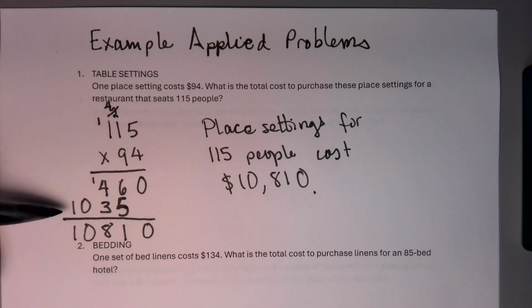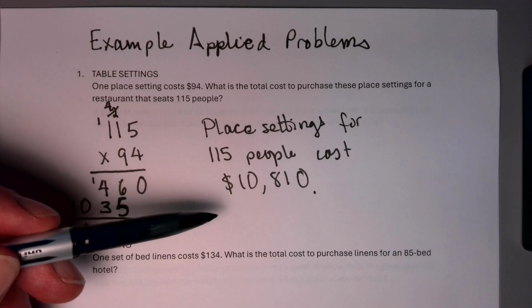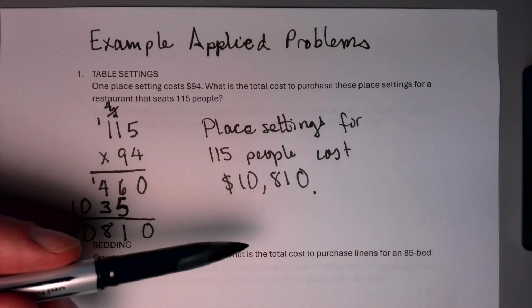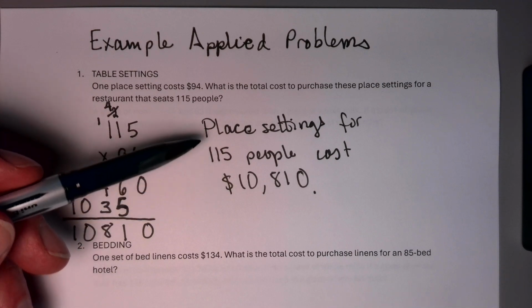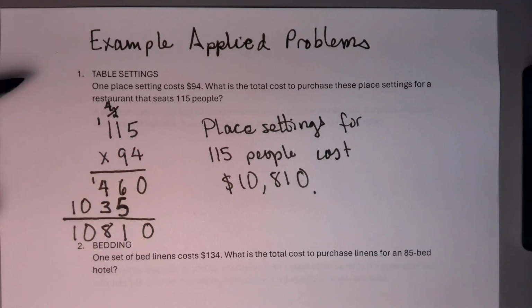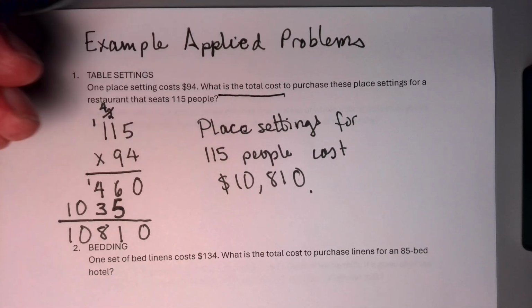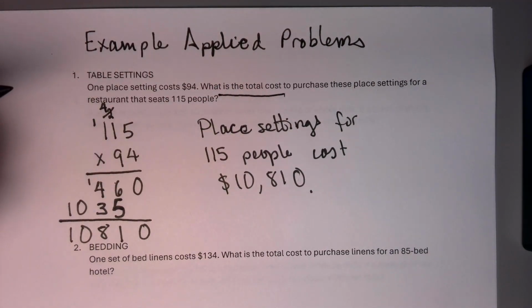Okay, so when you are answering a word problem, one of the things I'm expecting to see is, one, your work to show me how you got the answer to this problem. And the second thing I'm looking to see are units. Okay, so for me, it's not enough to say 10,810. 10,810 what? Well, we're asking for the total cost. It said, what is the total cost? So your answer should be in dollars. Okay? So, a couple of things.